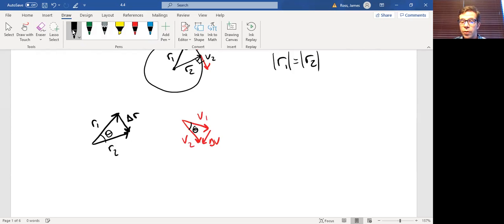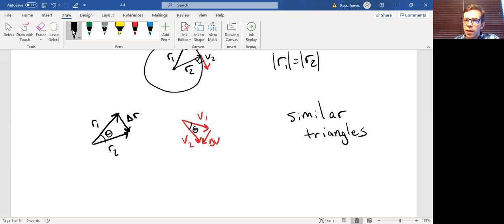And while these triangles are not congruent because the velocity vector isn't necessarily the same length as the position vector, they're not even the same unit, it doesn't even make sense to talk about it that way, they are similar. Right, these are both isosceles triangles with the same angle, so they have to be similar triangles. What does that let us do?